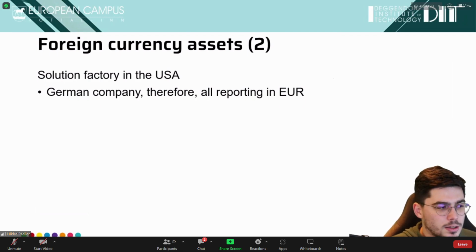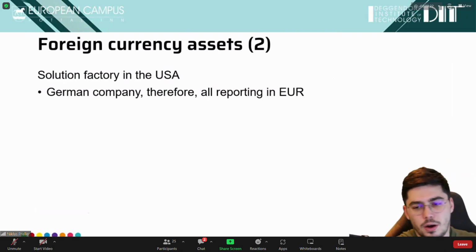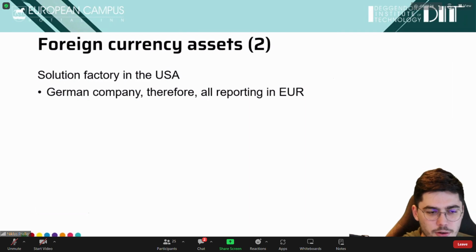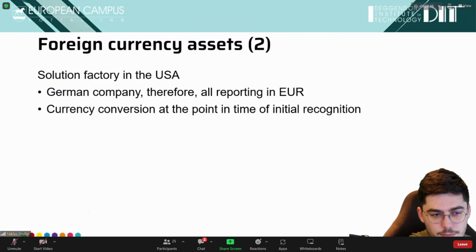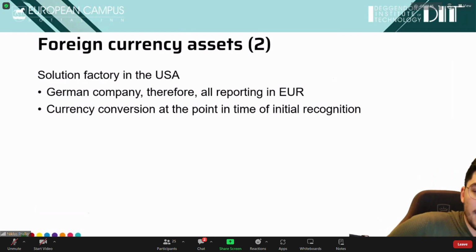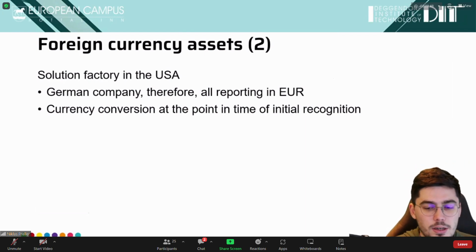We cannot mix currencies on the balance sheet, income statement, or in the annual financial report. All our reporting is done in euros. And for this kind of asset, we do a currency conversion once, at the point in time of initial recognition.